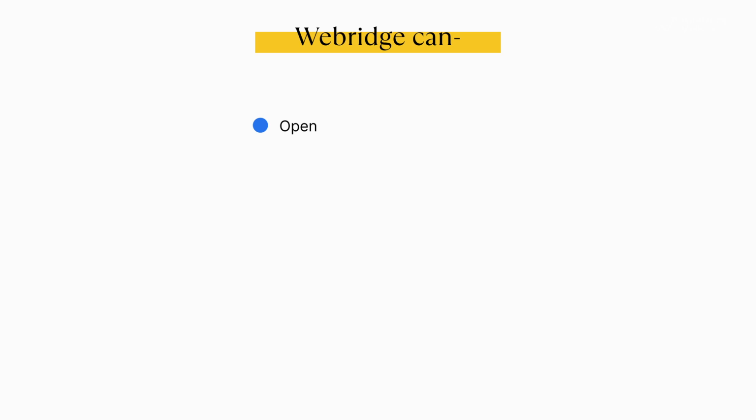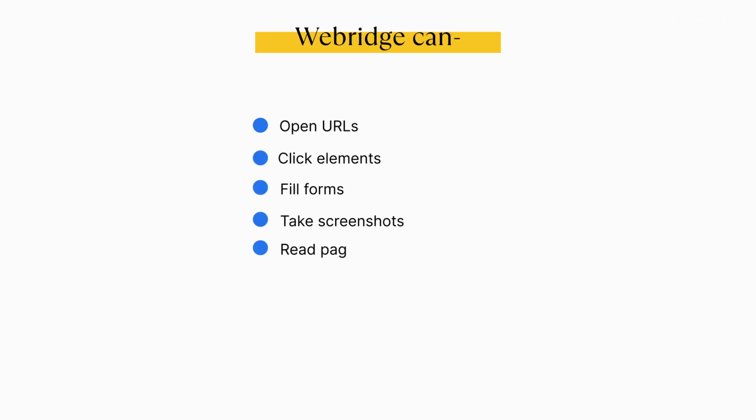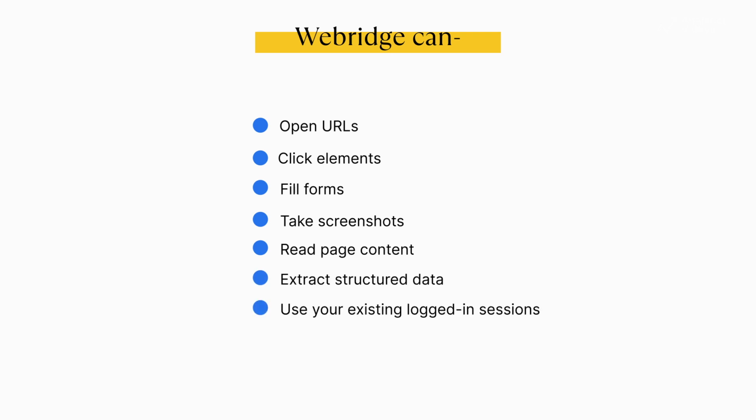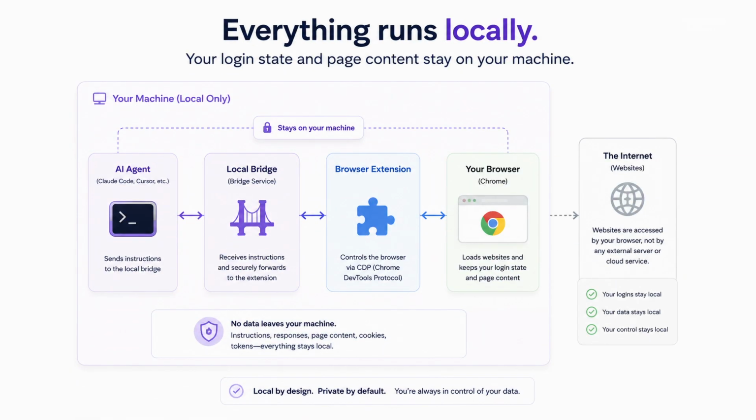So WebBridge isn't just scraping HTML, it has real operational control. It can open URLs, click elements, fill forms, take screenshots, read page content, extract structured data, and use your existing logged-in sessions. The critical design choice here is everything runs locally. Your login state and your page content stay on your machine. And that's a huge deal for enterprise use cases such as internal dashboards, private data, and subscribed sessions.